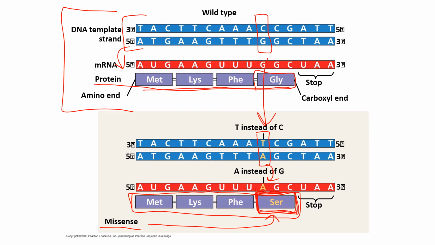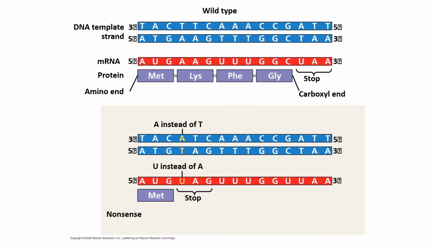But it's possible that this amino acid is not important to the shape of the protein, so the protein could still remain functional. In that case, it would be considered a silent mutation. With just a missense, unless you see exactly how the protein functions, you don't know if this is a silent mutation or a lethal one. Lethal implies that the cell cannot survive without the normal protein.